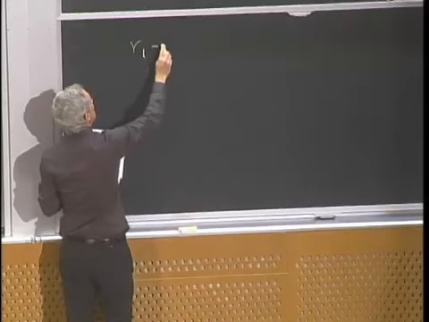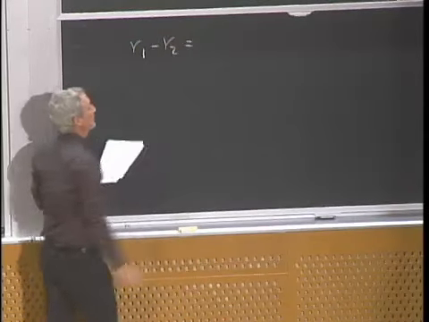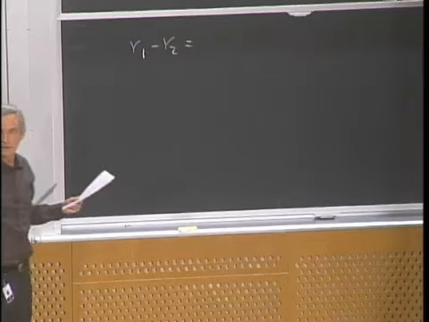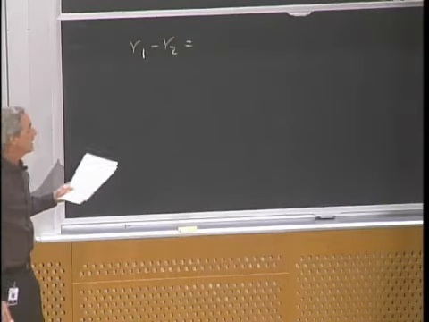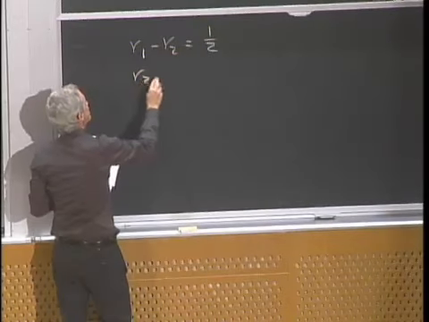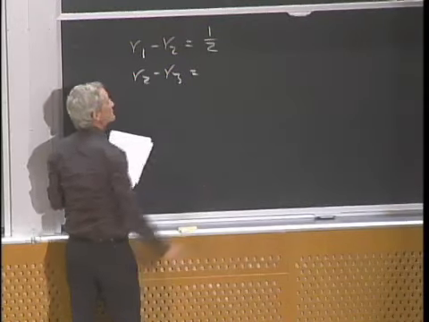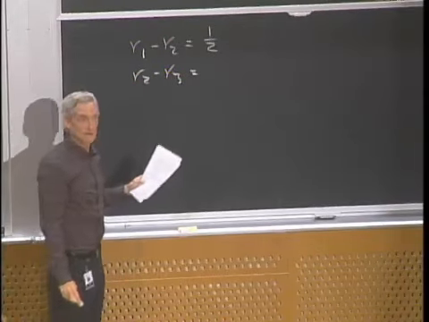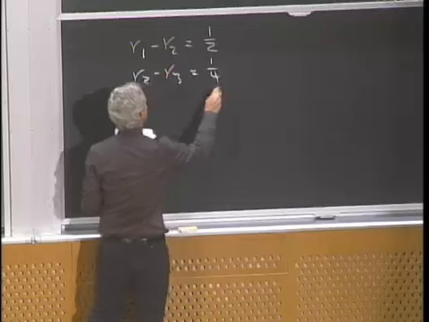So what's R1 minus R2 going to be in the greedy strategy? How much is the top block sticking out over the second block in the greedy strategy? 1/2. Just plug in k equals 1. R2 minus R3 equals a quarter, 1/4.